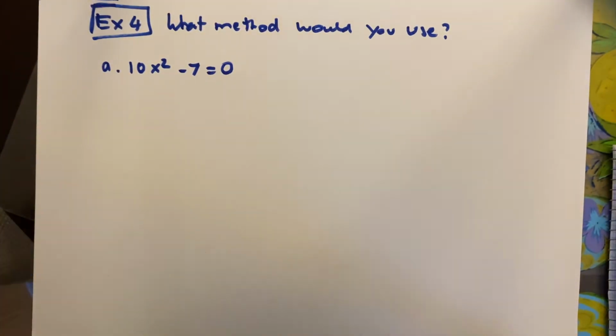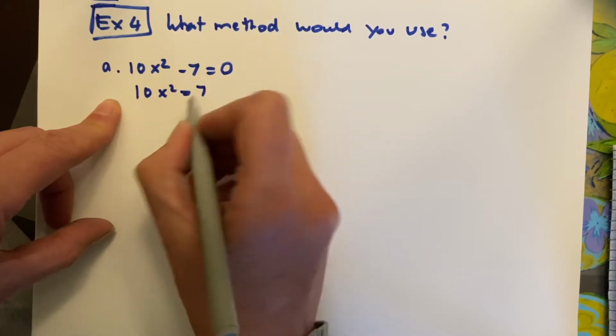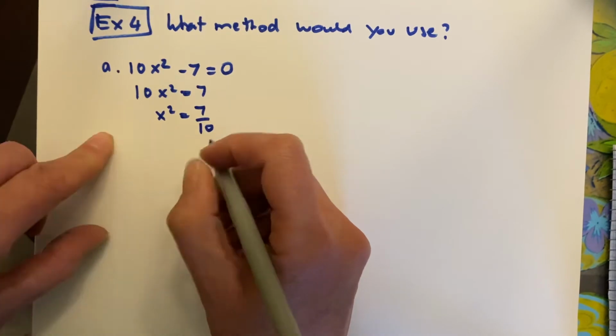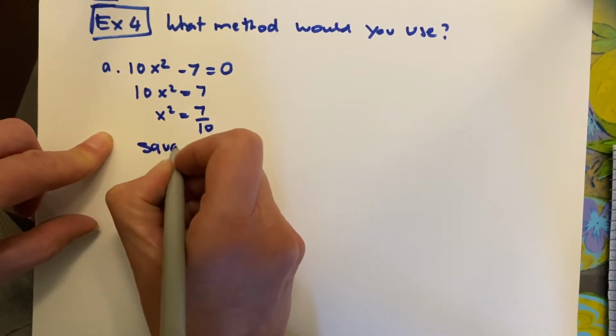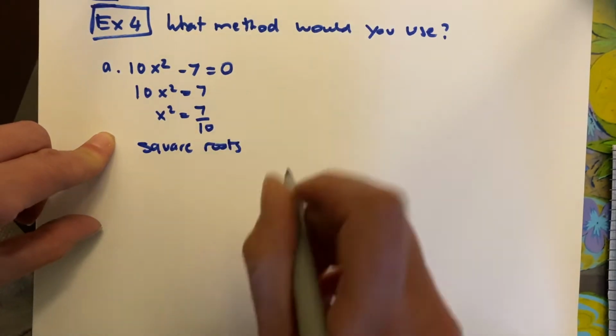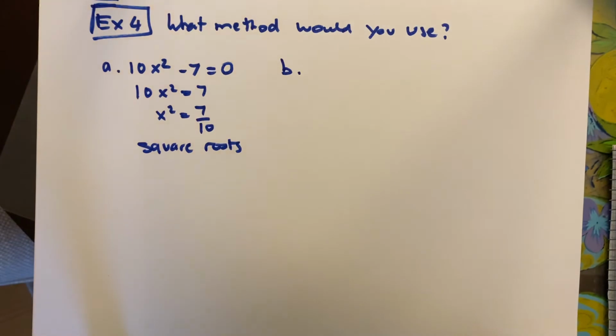Well, the first thing I notice is that I can do this, and then I can divide both sides by 10. And so this looks like I would absolutely use square roots. I'm almost there, and it just took 2 steps. You don't have to solve these, by the way. Just say what's the best way to do it.